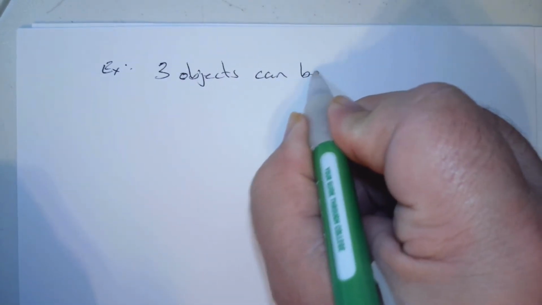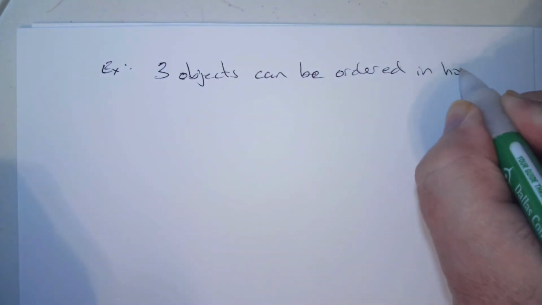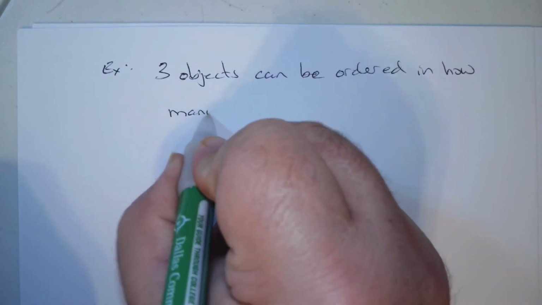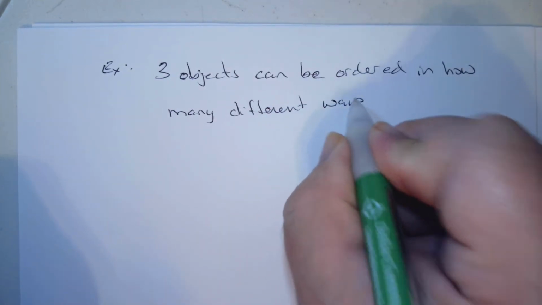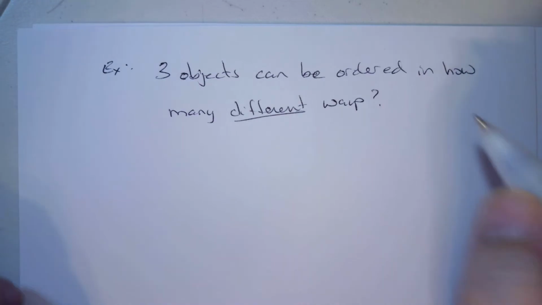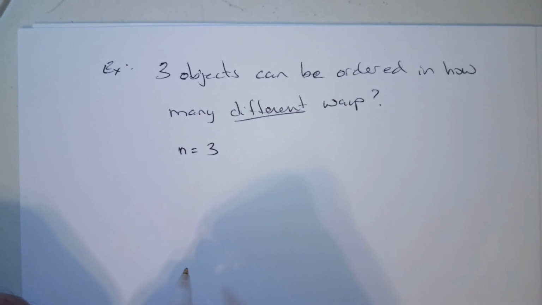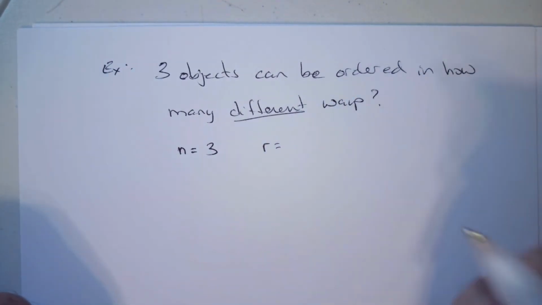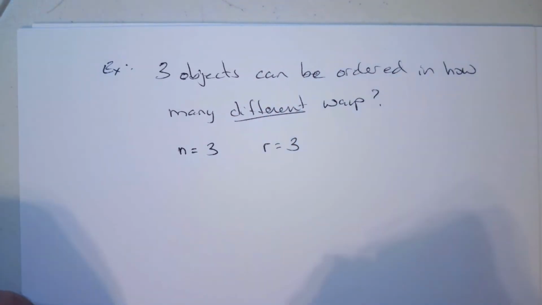So example. Three objects can be ordered in how many different ways? So n is the total number of objects. R is how many elements in each group. Since it doesn't say any specifications, it has to be 3.